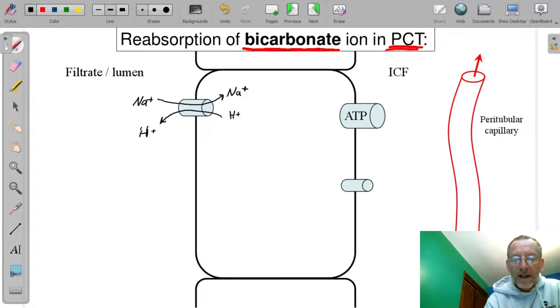So that's going to have an effect on pH anytime we're moving hydrogen ions around. And we'll leave the sodium-potassium pump alone for a moment.